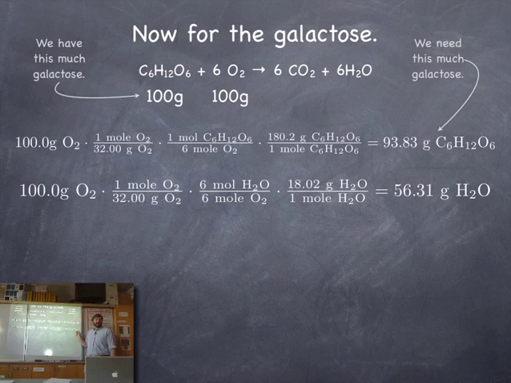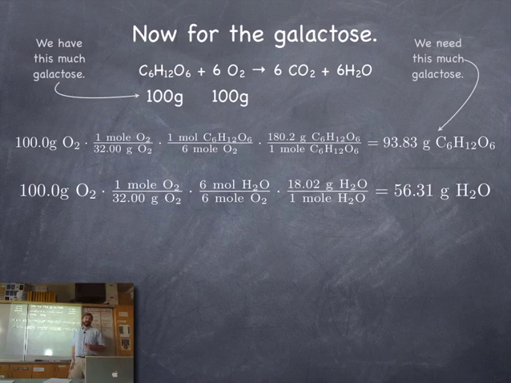The last question is, how much galactose is left over? So, you need to get this number. If you picked oxygen to start with and calculated the galactose, you have it. If you picked galactose to start with and got oxygen, you need to go back and do this calculation.